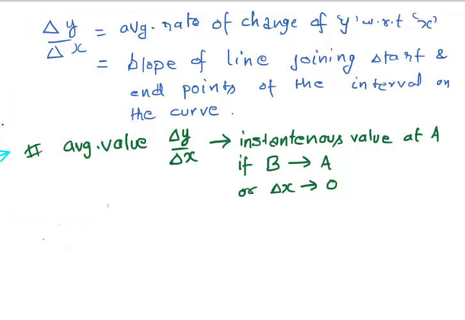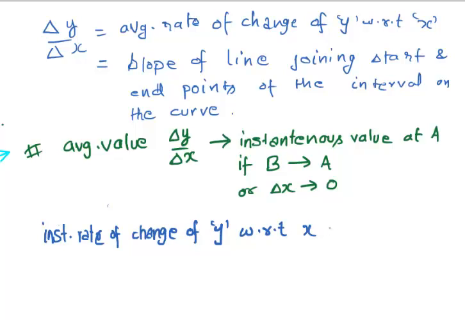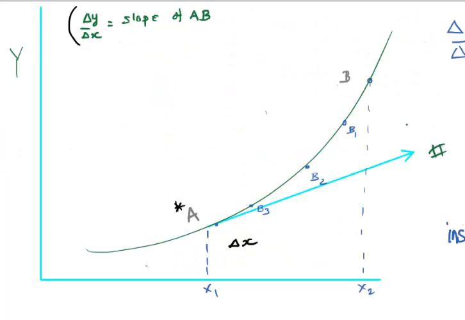So let's record this observation. The instantaneous rate of change of y with respect to x at A is simply the slope of the tangent at A. What does that mean graphically?